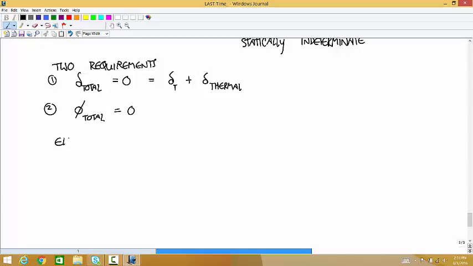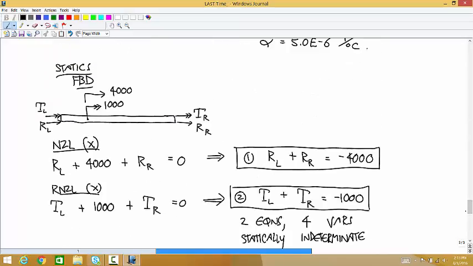Okay, so let's do elongation first. In order to do the elongation due to the internal tension, we have to do cuts and calculate those internal loads. How many cuts do we need? 2.